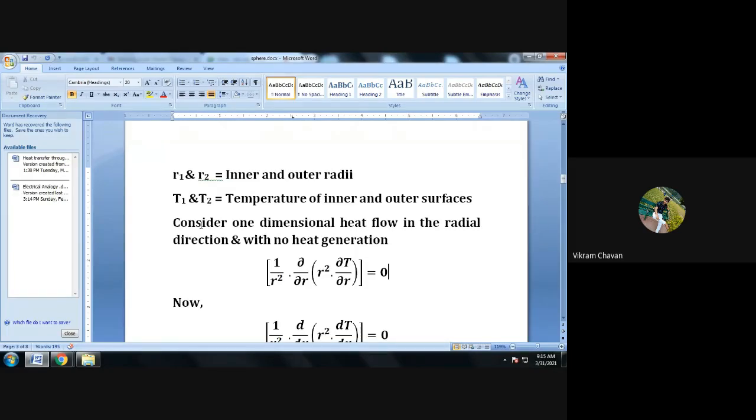In that case, we have to consider this particular equation, which is deduced from the general heat conduction equation in a spherical coordinate system.